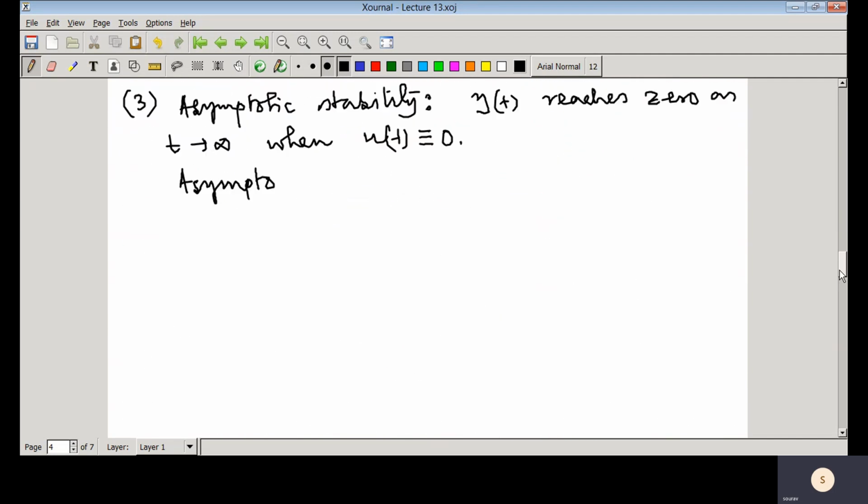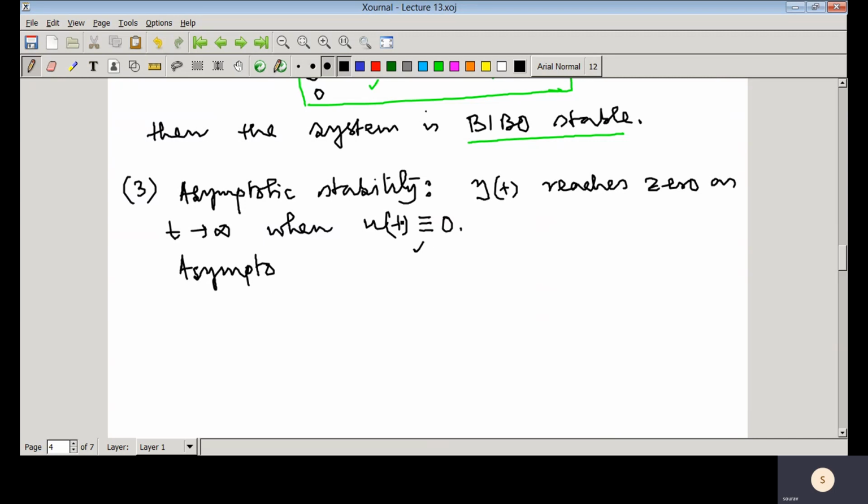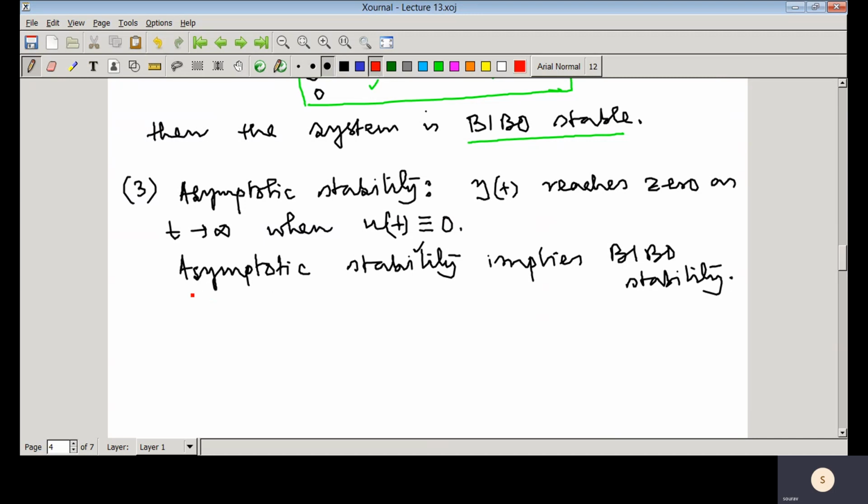So whenever we are talking about asymptotic stability, we make u(t) equal to 0. But interestingly, in case of LTI system, the asymptotic stability implies BIBO stability. So this is a very important result. That means whenever an LTI system is BIBO stable, then that is also asymptotically stable. Or if you have a system which is asymptotically stable, that also would be BIBO stable.